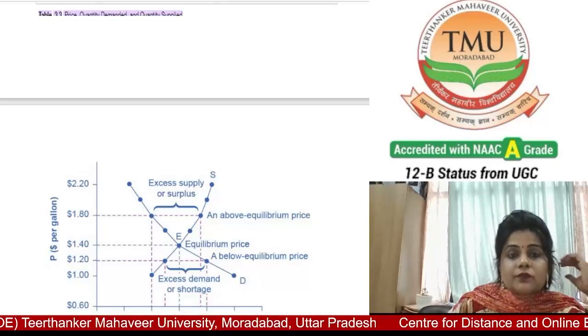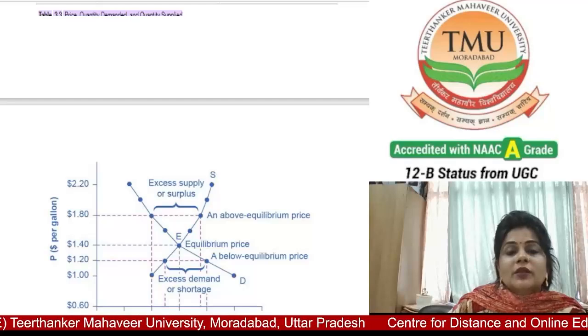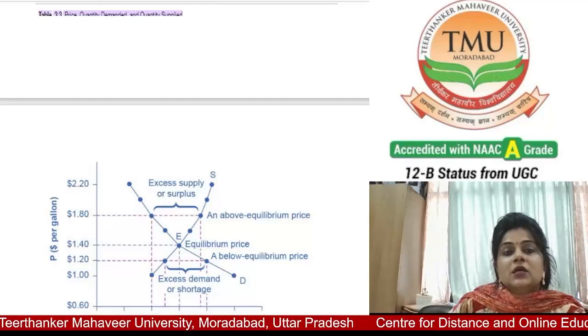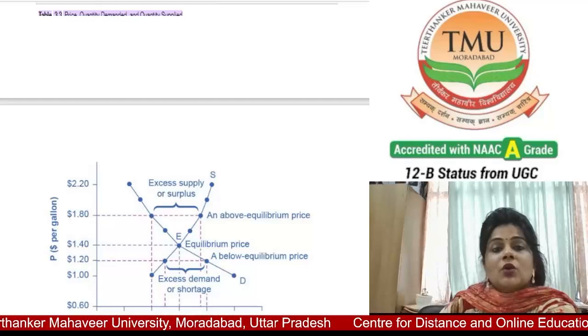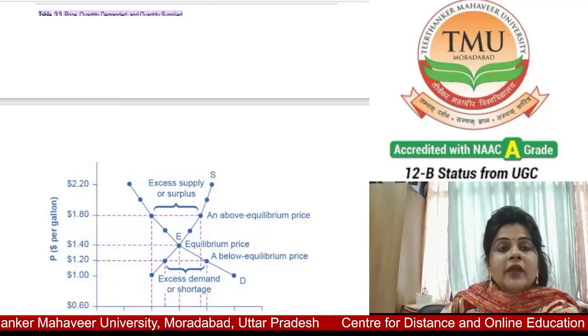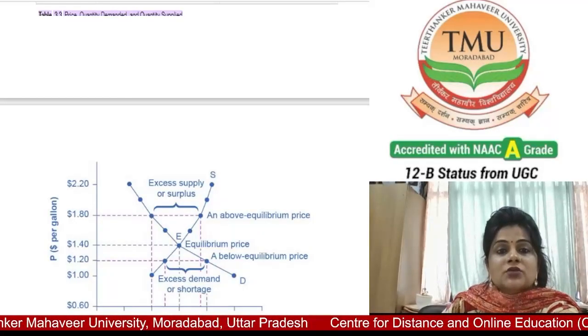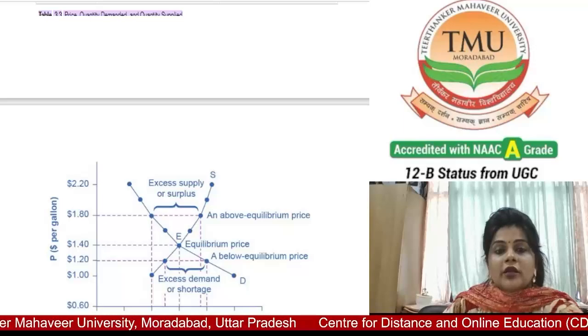And a price lower than the equilibrium price increases the quantity demanded and reduces the quantity supplied, causing a shortage.